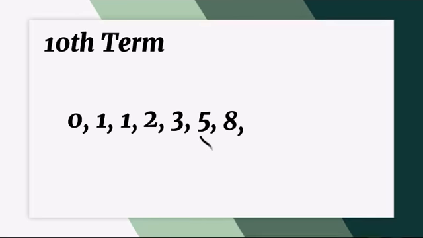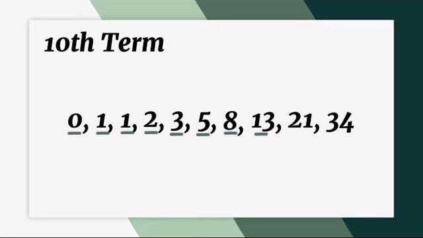Then 5 plus 8, we have 13. 8 plus 13, we have 21. Then 13 plus 21, we have 34. So let's count: 1, 2, 3, 4, 5, 6, 7, 8, 9, 10. So our 10th term is 34.